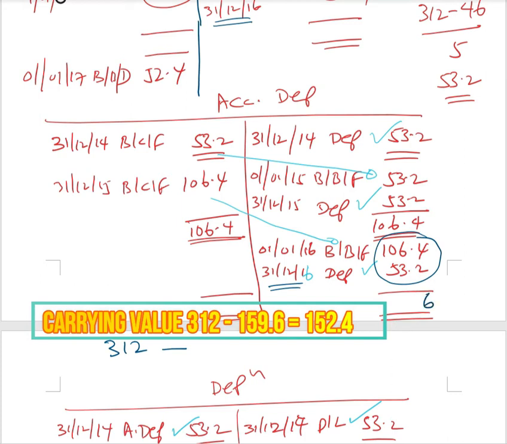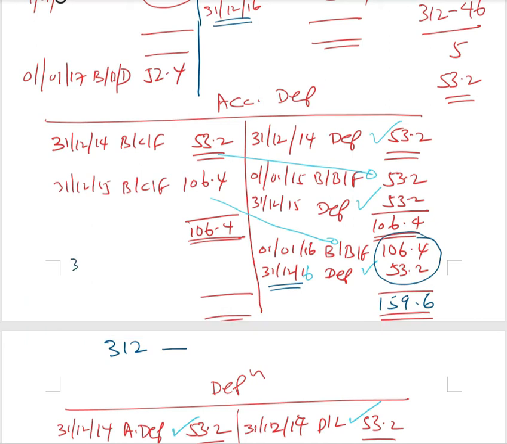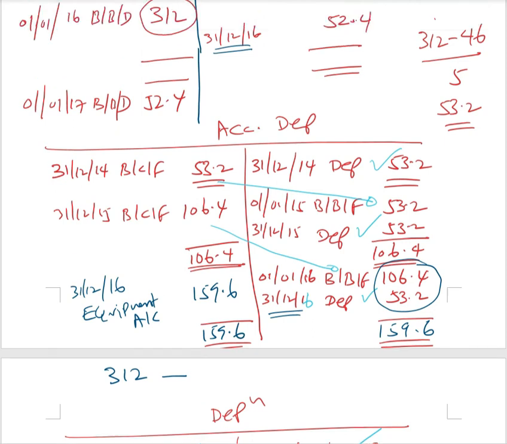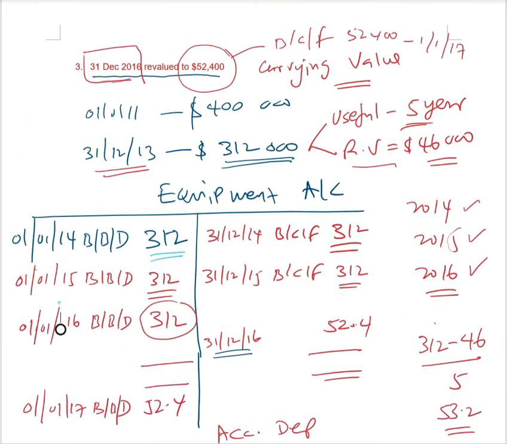So that will be how much? 159.6. So this will be transferred on 31st December 2016 to the equipment account. How much is that? 159.6 will be transferred to the equipment account, 159.6. This will be from accumulated depreciation account.